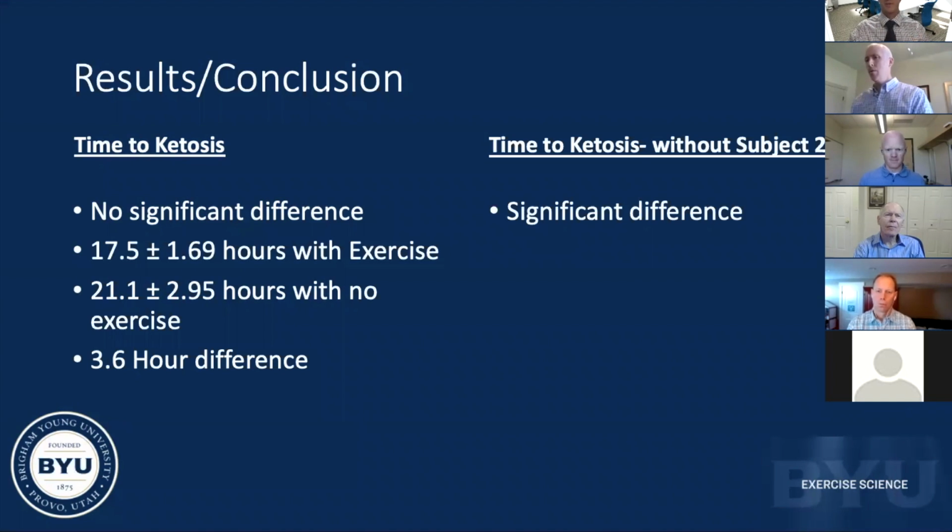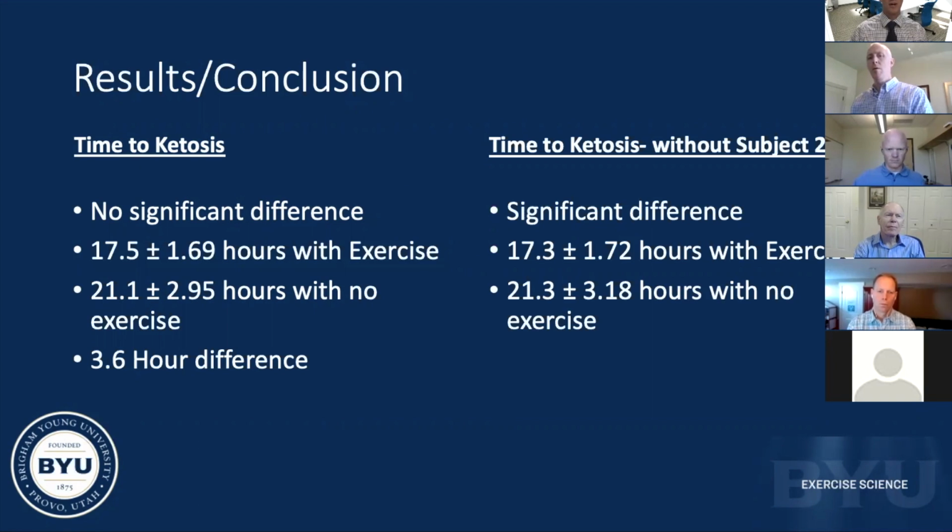And of course, when we did, we got a significant difference. It didn't change our numbers a whole lot, as you can see, but it gave us about a 4 hour difference, and that was enough to push us over the edge. So something definitely with the data we have and all of our subjects included, something that we could definitely take a look at again in the future and power a little bit better, but definitely a relationship there worth exploring, I think.